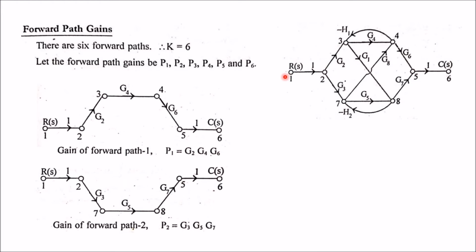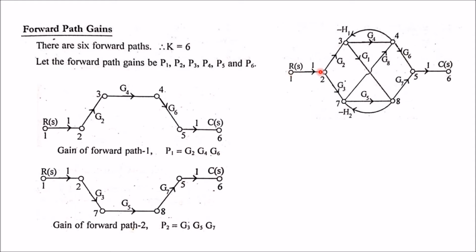By seeing this, you can find another path also like this. From 1 to 2, 2 to 3, and instead of going 3 to 4, go 3 to 8, 8 to 5 and 5 to 6. I have not traversed any node twice. The forward path is a path from the starting node to the ending node, but no node should be traversed twice.